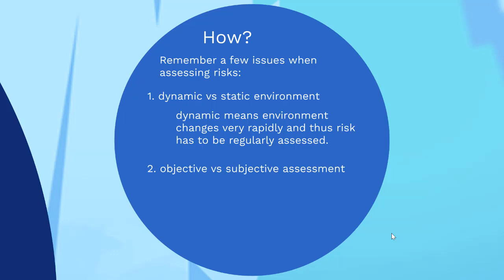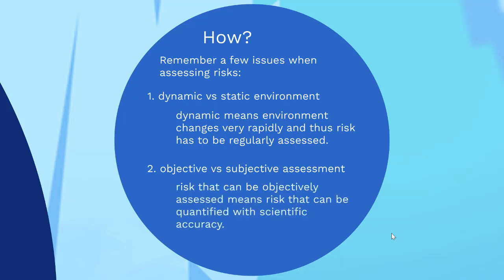The second thing is whether this is an objective or subjective assessment. The risk that can be objectively assessed refers to risks that you can quantify with scientific accuracy. It's more towards things where you have data, historical data, and technologies that you can use to determine how much risk this is going to be.